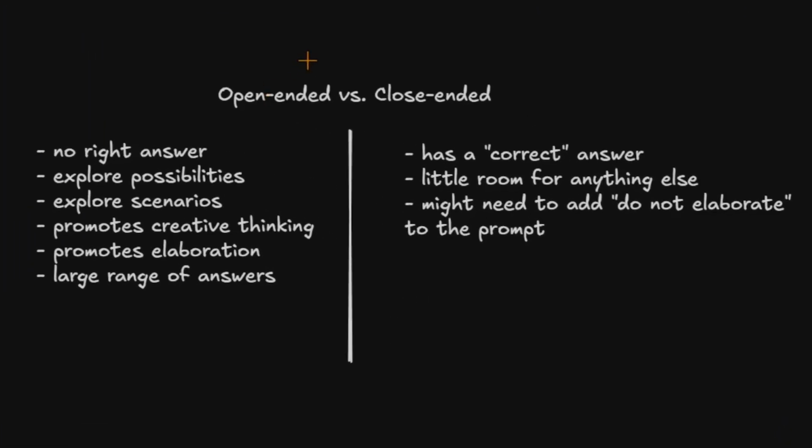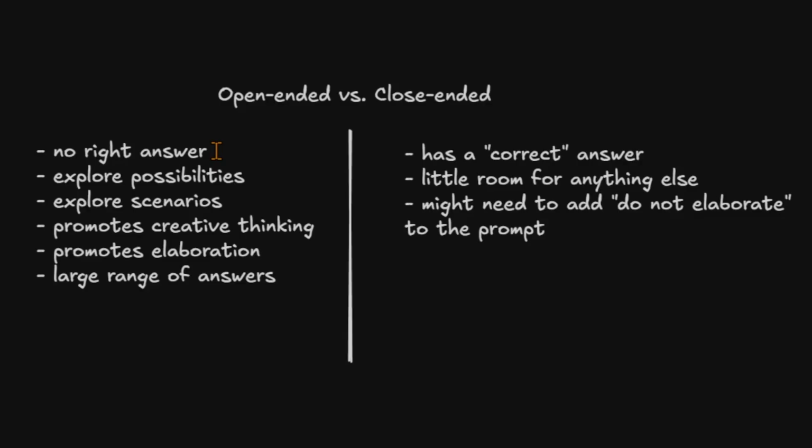So in this case, I think it comes down to, let's assume what you're asking is a question, if it is an open-ended question or a closed-ended question. And I have a little breakdown here of some of the differences. We'll start over here with the open-ended questions. Generally speaking, open-ended questions don't have a quote unquote correct answer. They don't have a right answer.